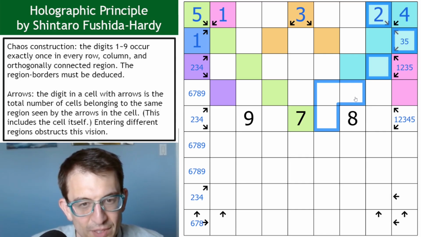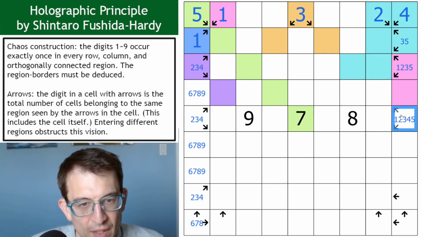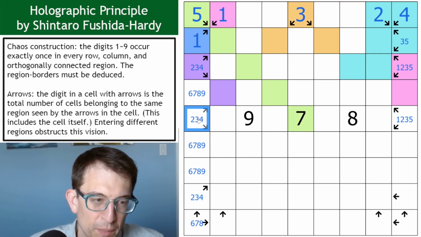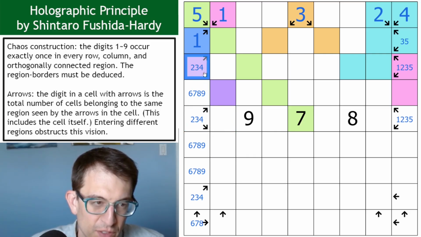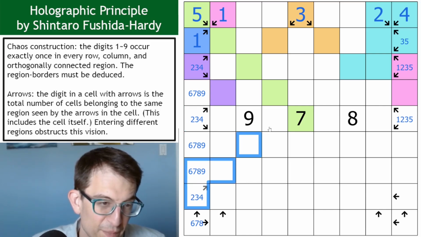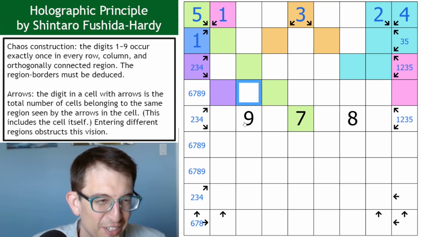I don't know. It's a little confusing to me how to think through this. This could be purple, right? I mean, this could just be a purple region. 2, 3, no problem. This would be 4, but I think you could do it.